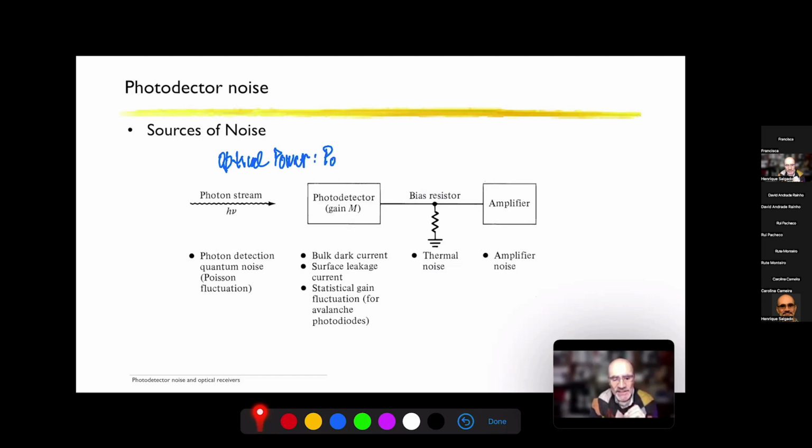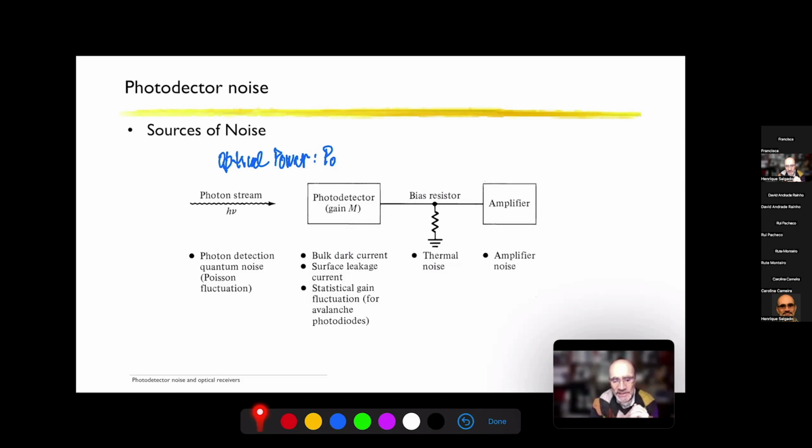This is known as the bulk dark current, called dark current because even when there is no light, there is some current flowing in the device. There might be some additional surface leakage current, which is also dark current, but that doesn't cross the p-n junction, which is also some type of noise.